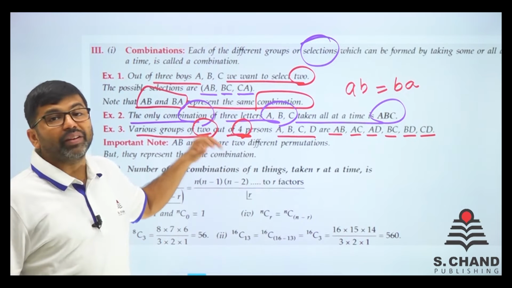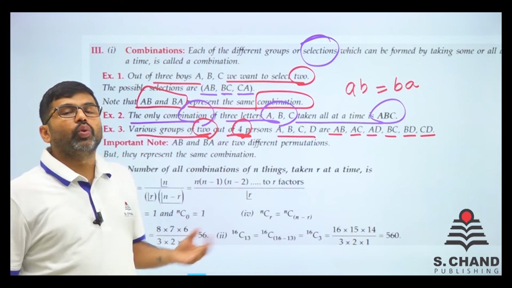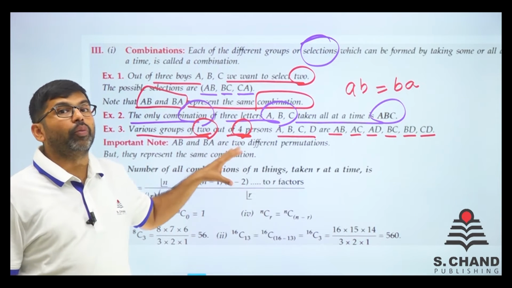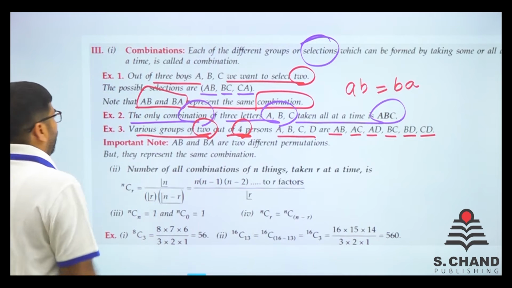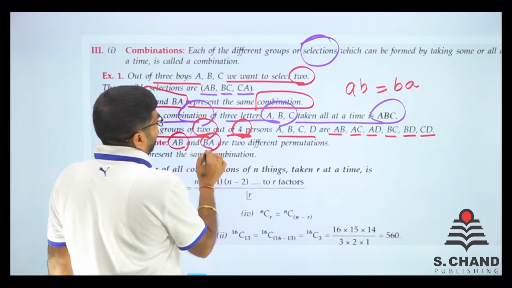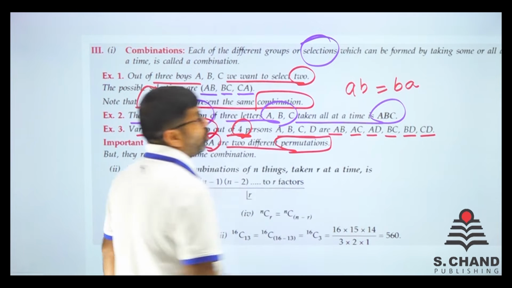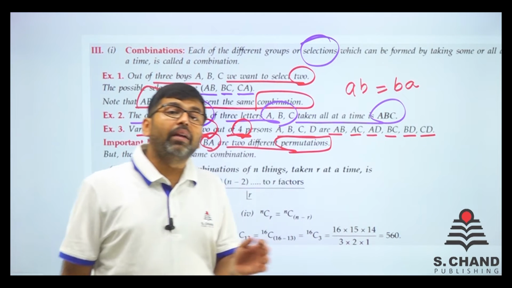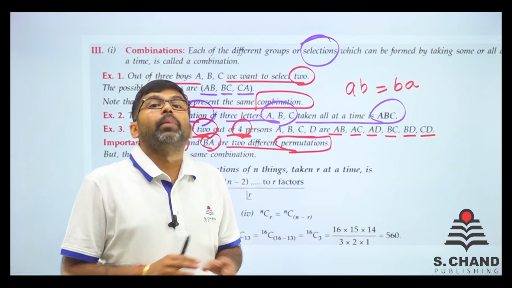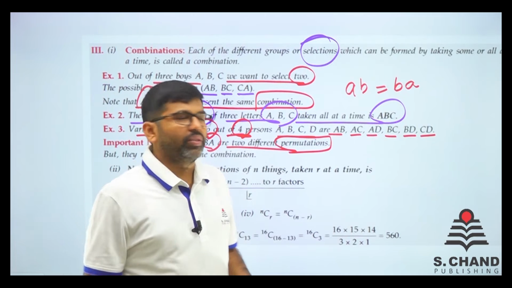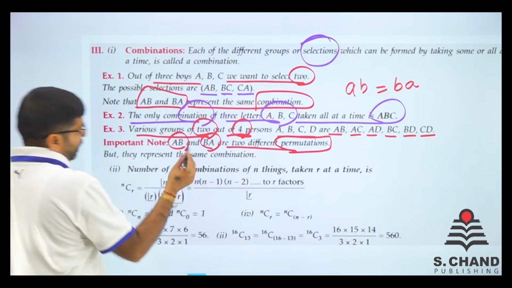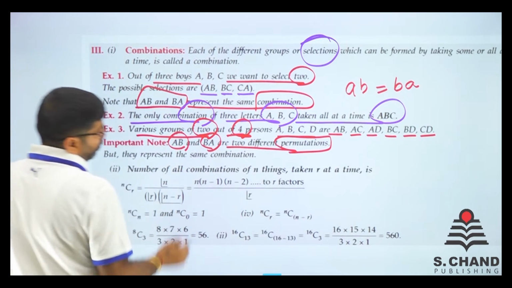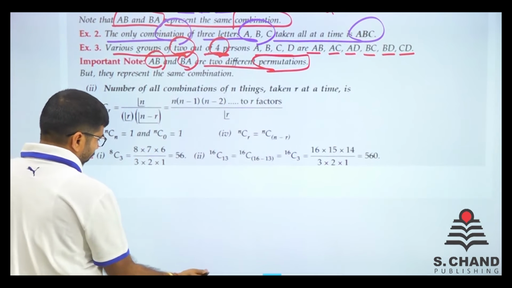So these are the number of ways you can select 2 people out of 4 people. Important note: AB and BA are 2 different permutations but not different combinations. They represent the same combination. Okay, we move on to the formula. What is the formula?